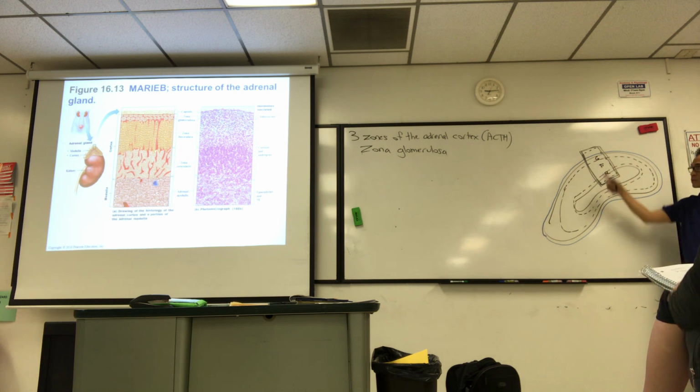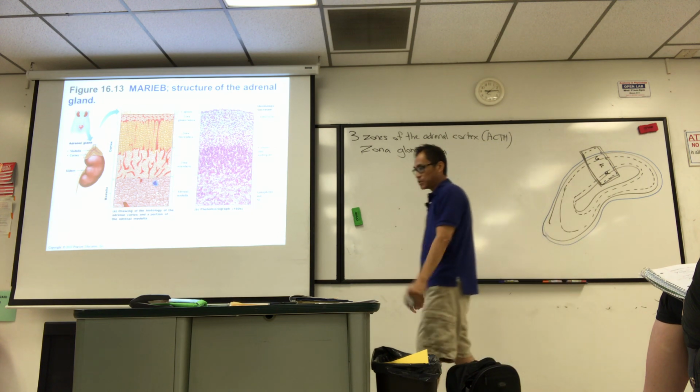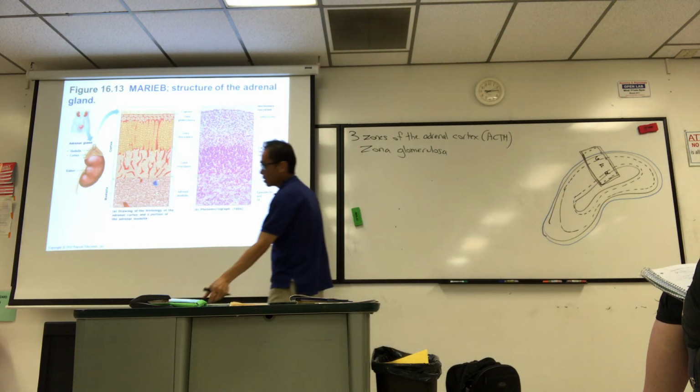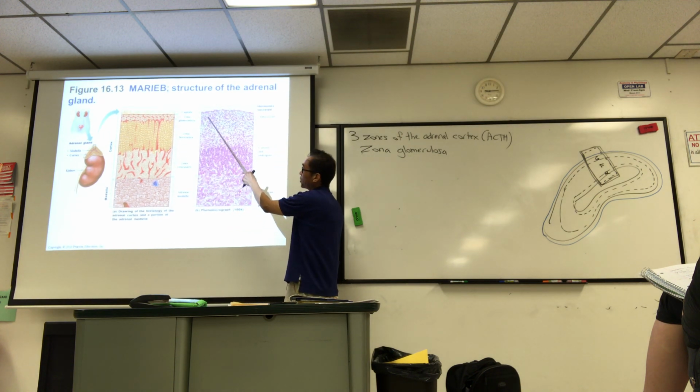The outermost zone, Zona Glomerulosa, refers to the fact that the cells are arranged into oval clumps. Here's the illustration next to the real picture there. So you got capsule, but then Zona Glomerulosa.